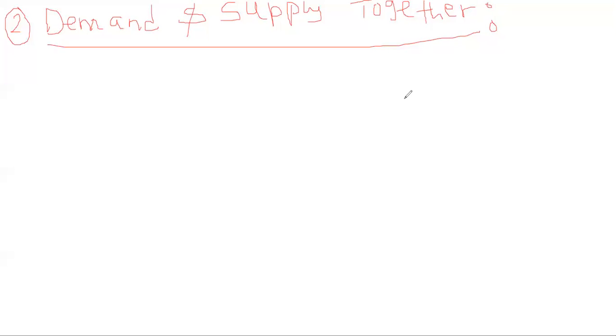So when we said demand, obviously we have talked about this, that we are talking about the behavior of buyers, or how they make decisions. For supply, we said we are studying the behavior or the choice process of the sellers.